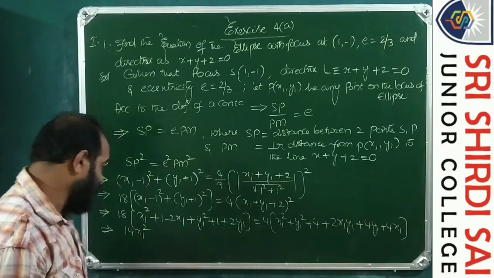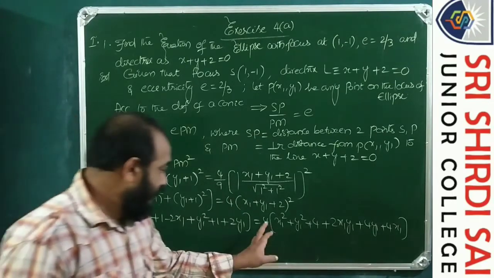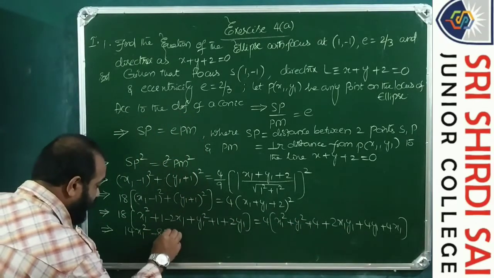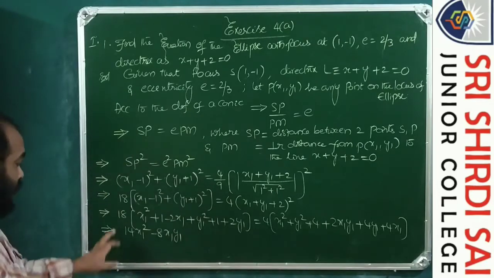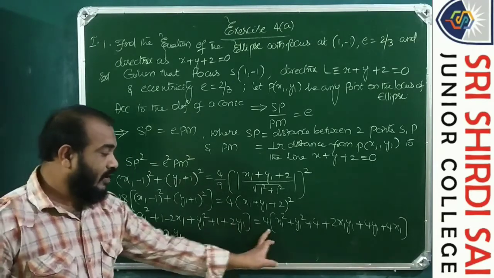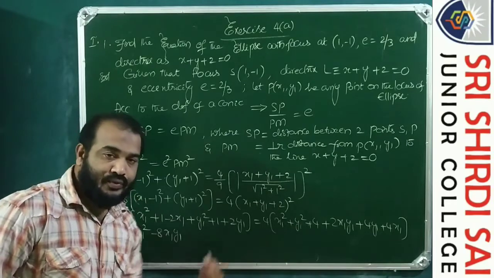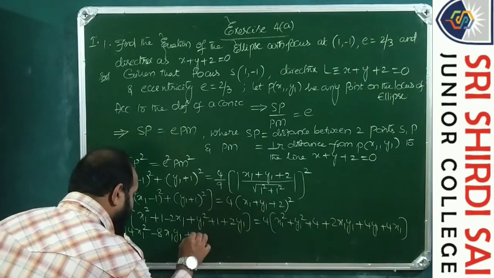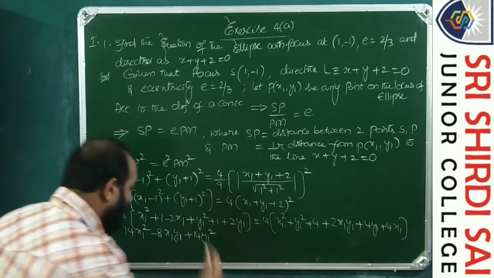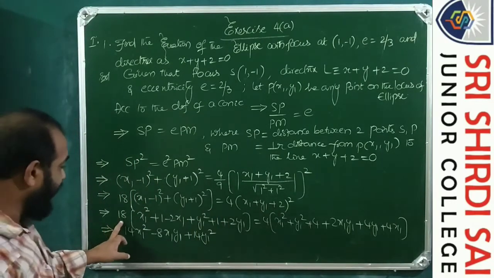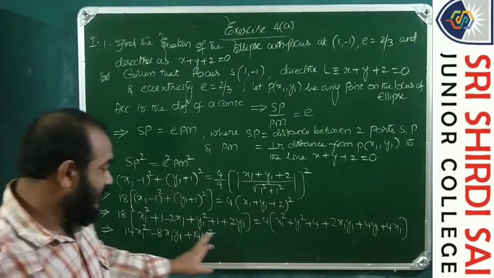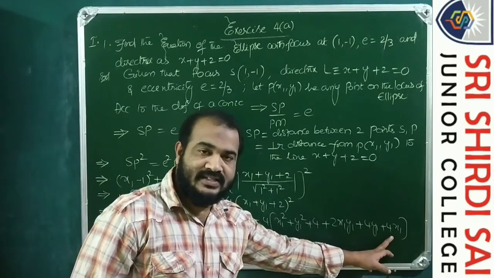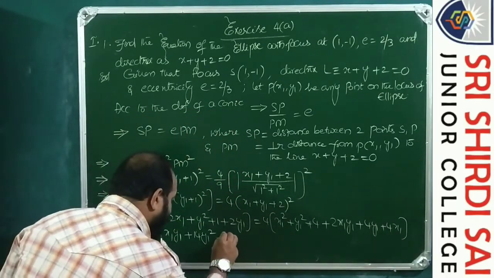Then 4 2s are 8x1y1, which transposed gives minus 8x1y1. 18y1 square minus 4y1 square is 14y1 square. Next, 18 2s are minus 36, and 4 4s are 16, so minus 36 minus 16 gives minus 52x1.